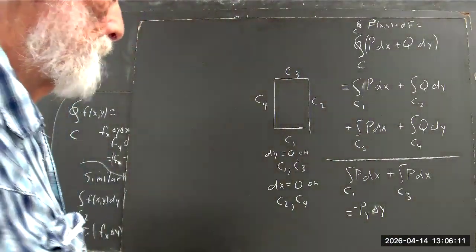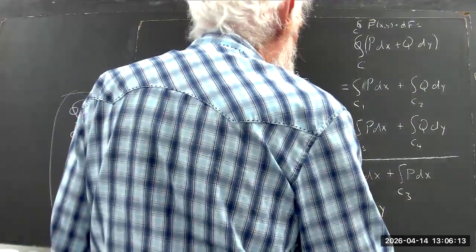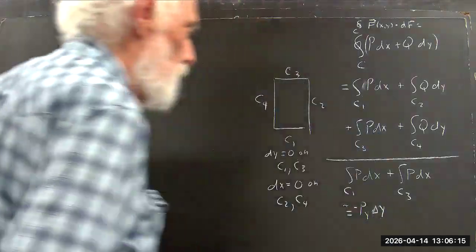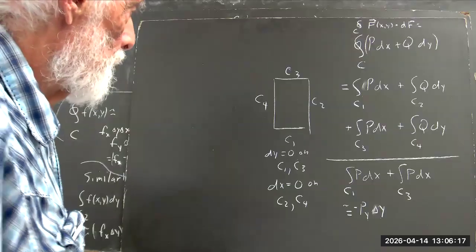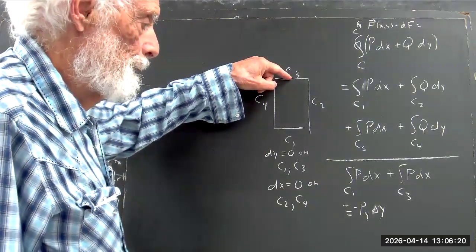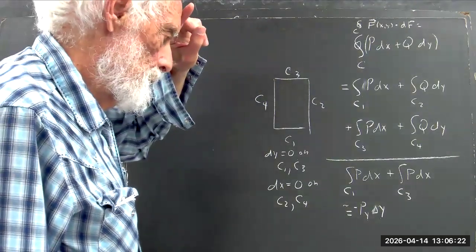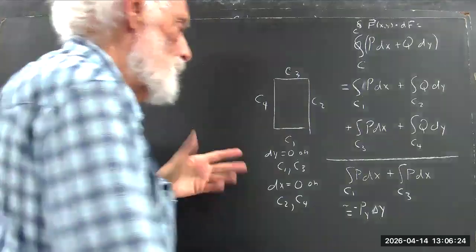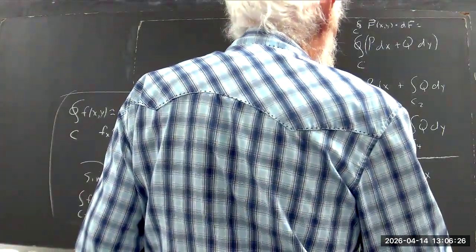That's going to equal approximately negative Py delta y, and Py delta y delta x, obviously.